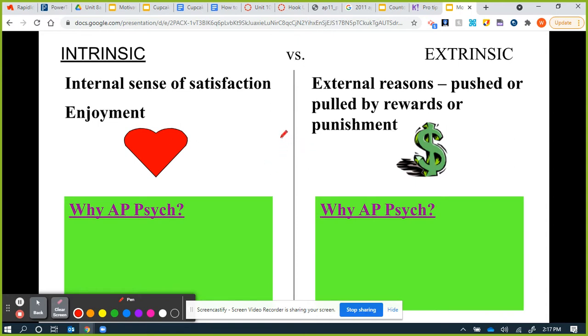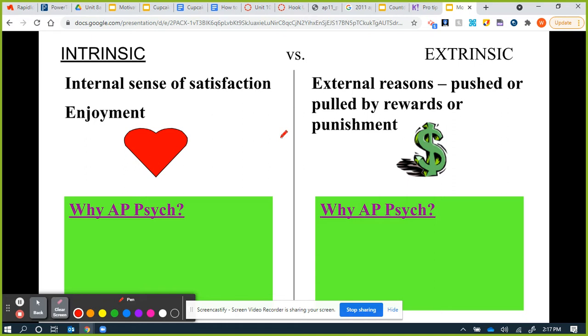Intrinsic versus extrinsic motivation. These are just how we are motivated to do things. When something is intrinsically motivating, all right, that means that we are going to be motivated to do this thing for the sheer sake of doing it, because we enjoy doing it.